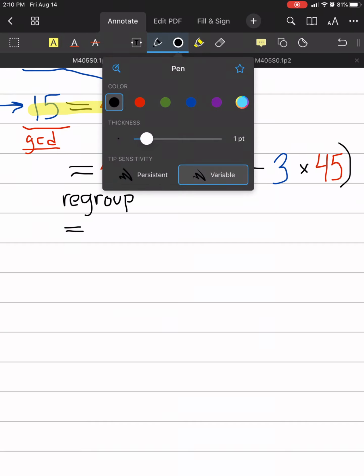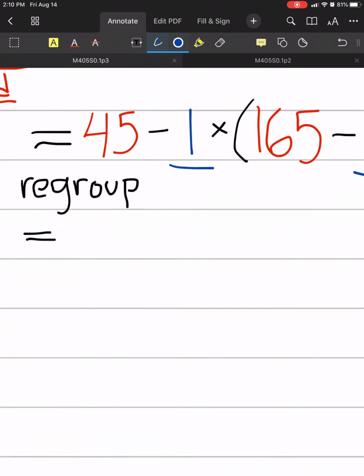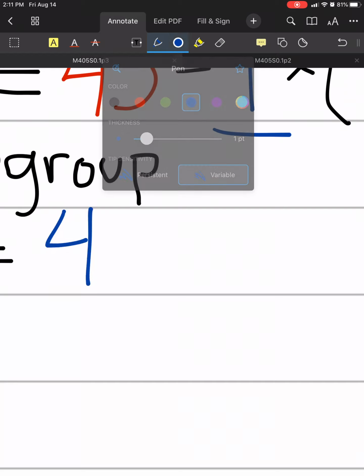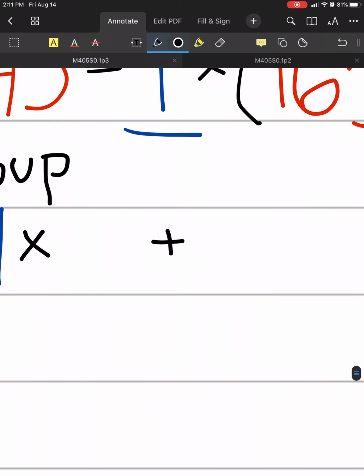Okay, so let's take a look. If we take this minus 1 here times minus 3, that's going to work out to be plus 3 times 45. So I have 45 plus 3 times 45. Should give me, sorry, 4 times 45, right?